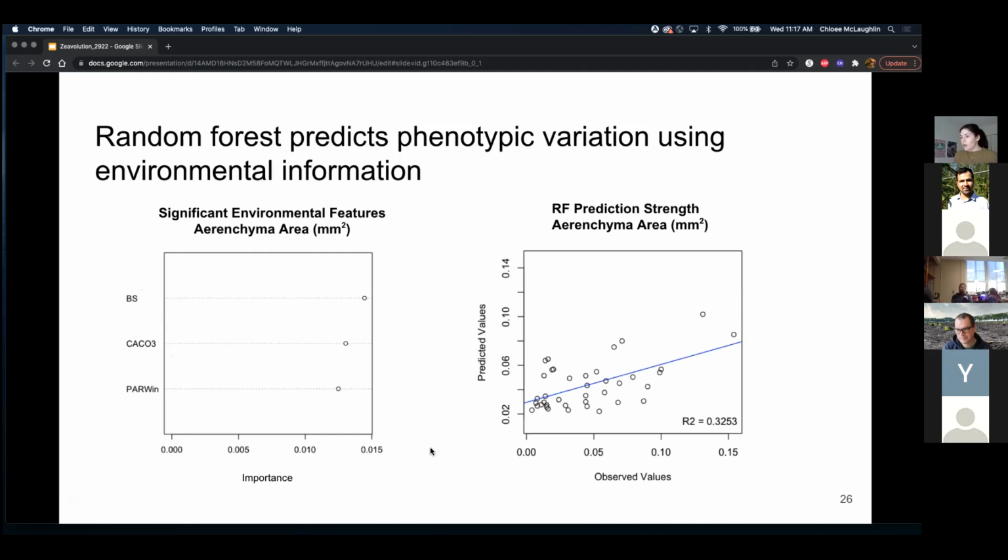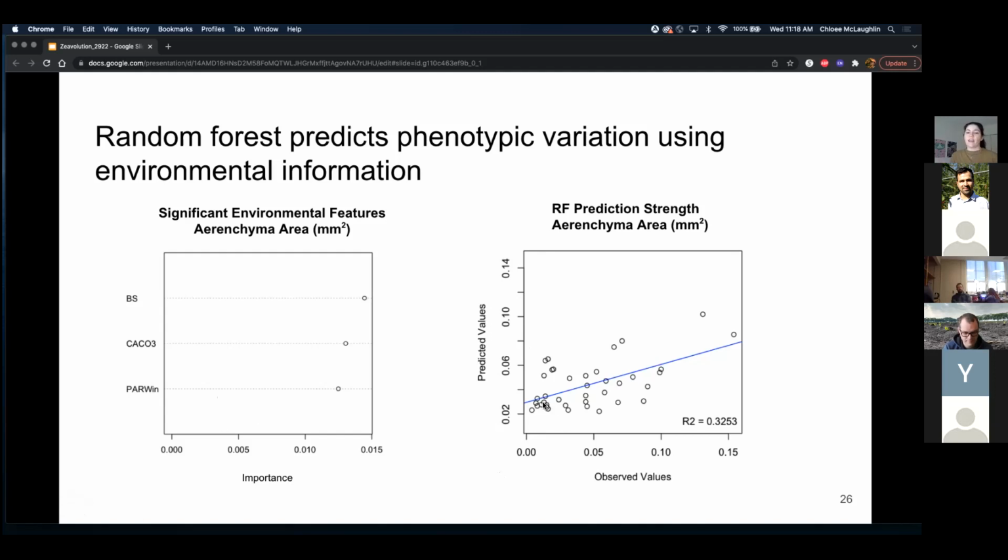And now here's a scatter plot of our observed values for parenchyma versus, on the y-axis, what our model is able to predict for parenchyma based off of these 3 environmental features that describe significant variation in this trait. We can see that our model is consistently underestimating the extremes, but it is picking up trends in the data, which is very promising and exciting.